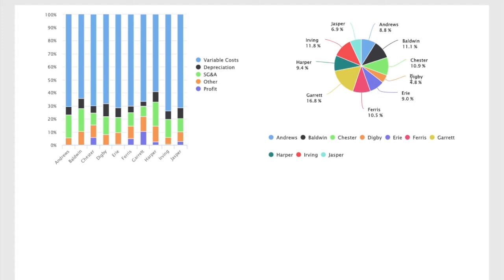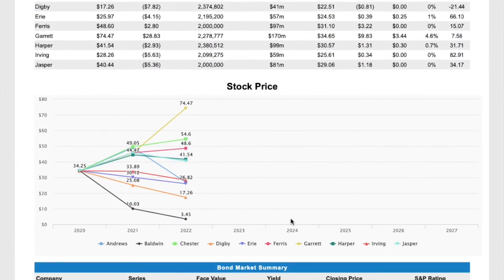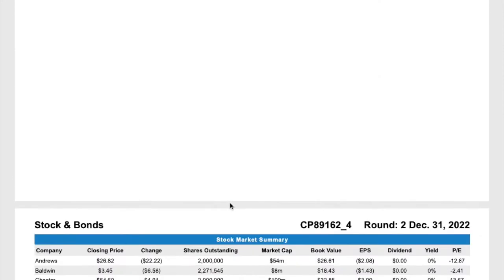So Team Digby, again, your sales and your market position are not good. So in the competition round, make sure you know what strategies you need to improve sales. And once again, your sales, your performance is related to your stock market.